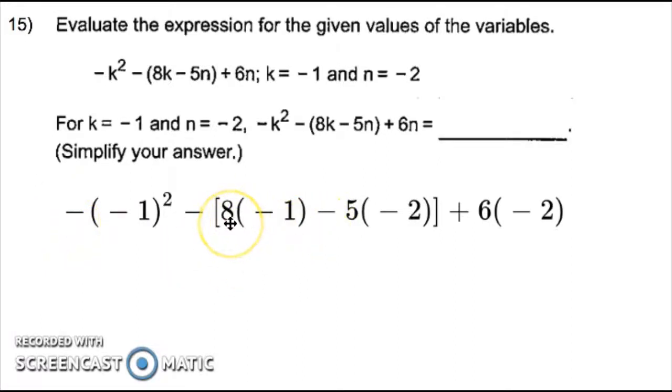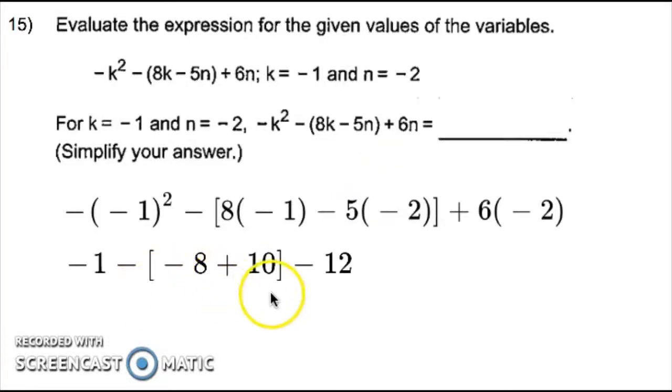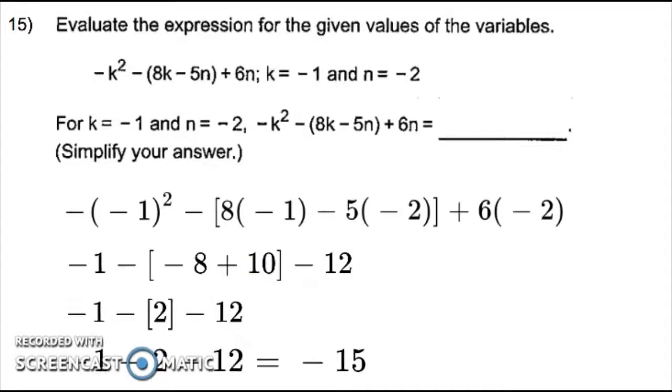Here, 8 times negative 1 is negative 8. Negative 5 times negative 2 is positive 10. So then negative 8 plus 10 is 2. So you have negative 1 minus 2 minus 12, which gives you negative 15. So my answer is going to be negative 15 for number 15.